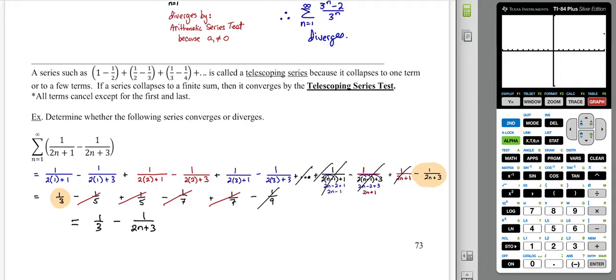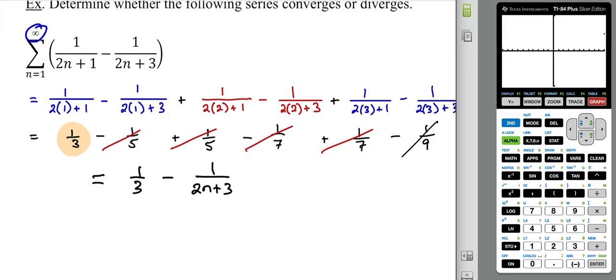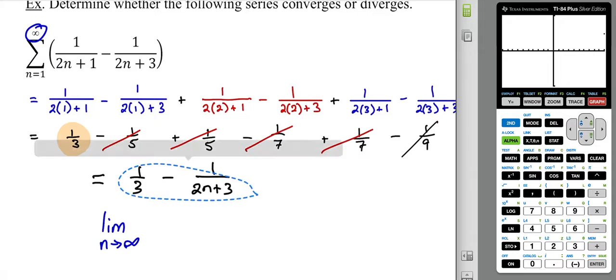Because if we can get out to the n value approaching infinity, then we'll know what the sum of this series is. All right, so that's what we're going to do. We're going to find the limit as n approaches infinity of this.